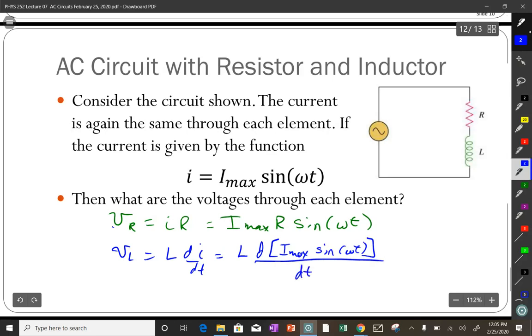So L d(I max sine omega t)/dt. L times I max, because it's a constant. What's the derivative of sine of omega t? Negative cosine omega t over omega. Oh wait, the derivative, it's positive. You did the integral, right? Yeah. It's positive and it's times omega.